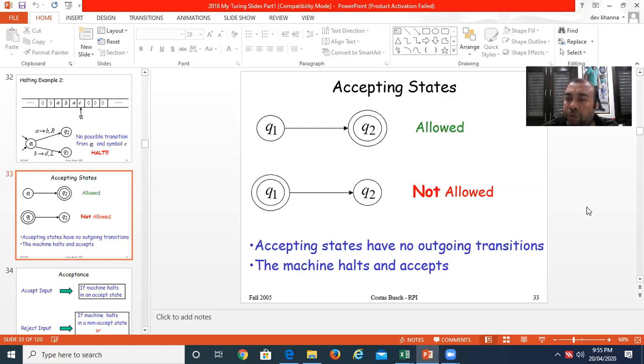Whatever the intermediate states may be, if after reading the last character I do not reach the final state, then the input is going to be rejected, obviously. So accepting states have no outgoing transitions. The machine halts and accepts or rejects.